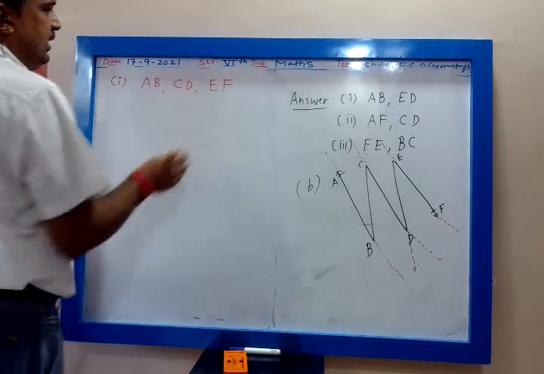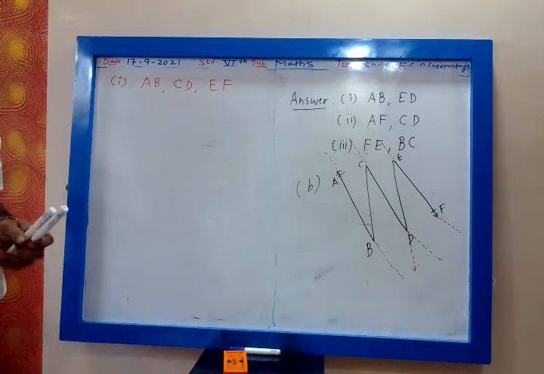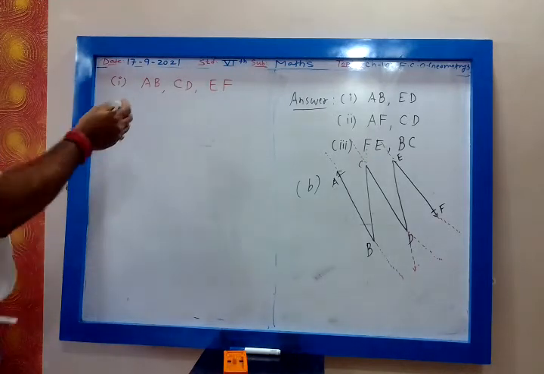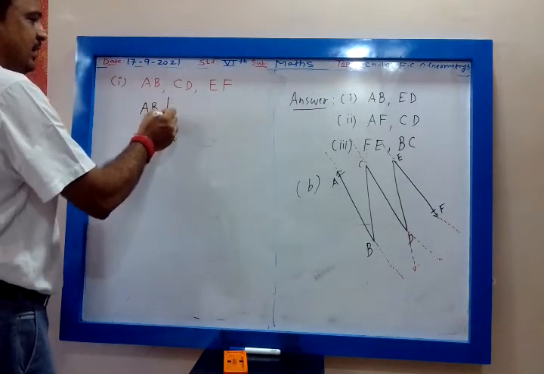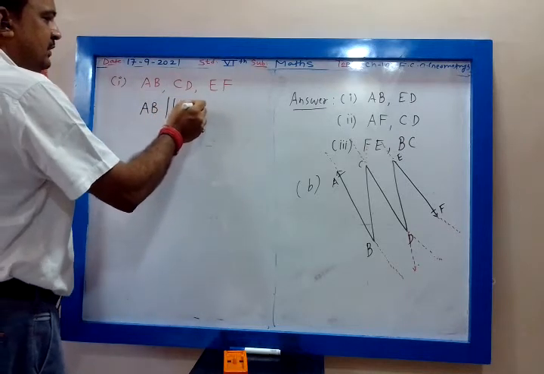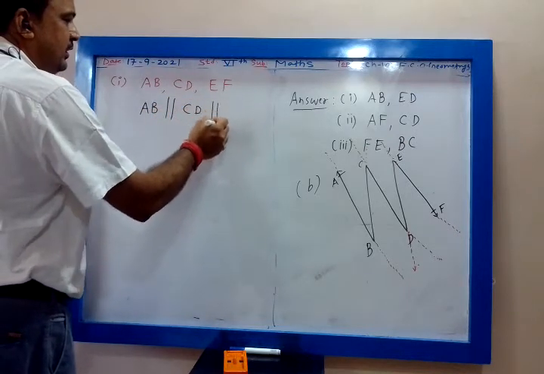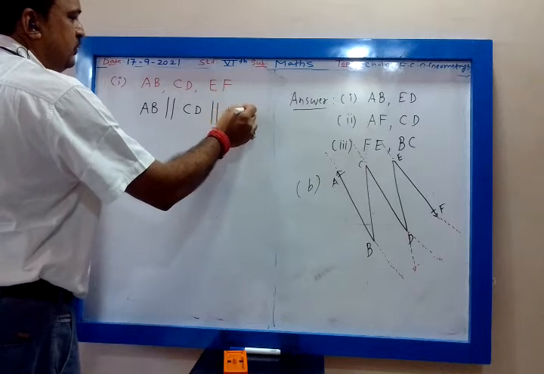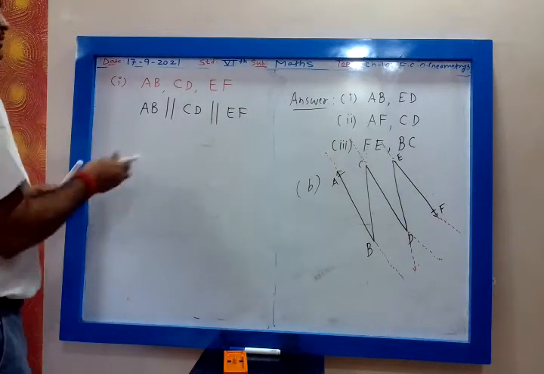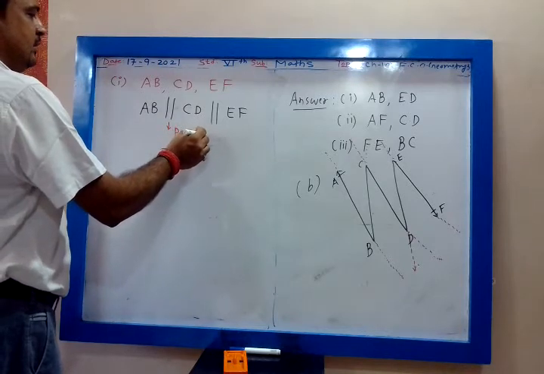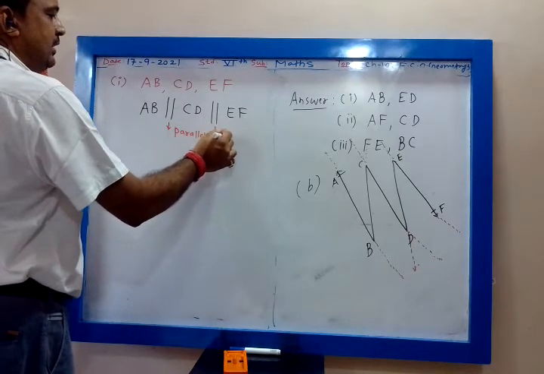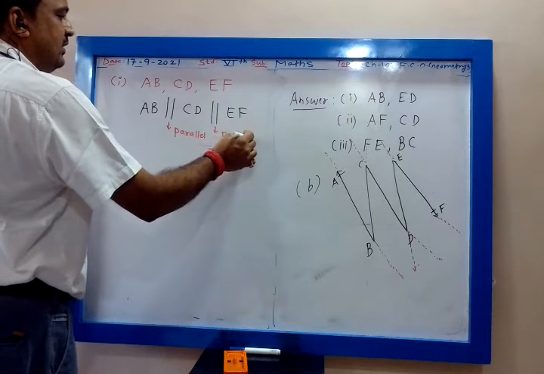And how do we denote parallel lines? We write AB, then two vertical lines, CD, then two vertical lines, EF. These two vertical lines denote parallel lines. So all three are parallel.